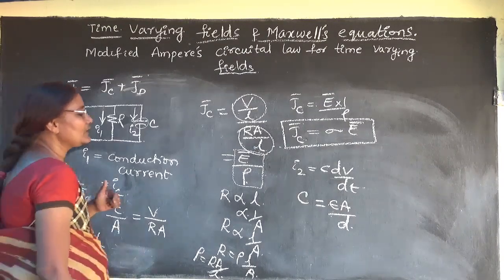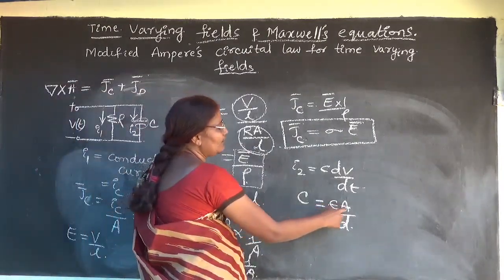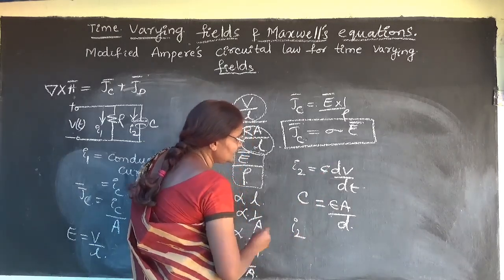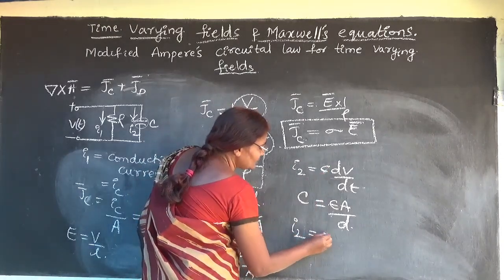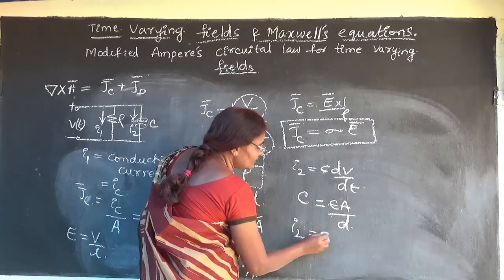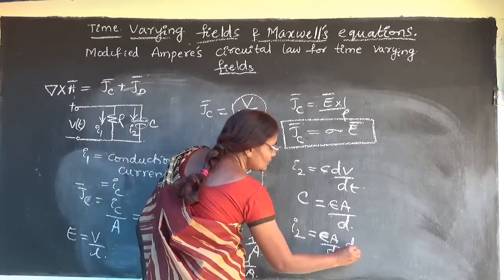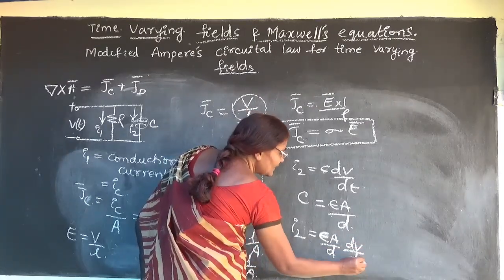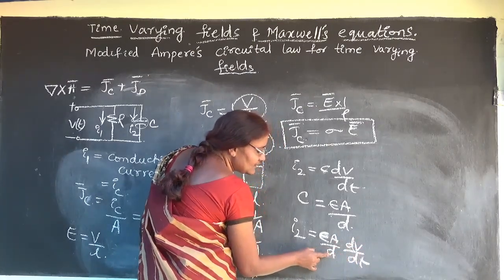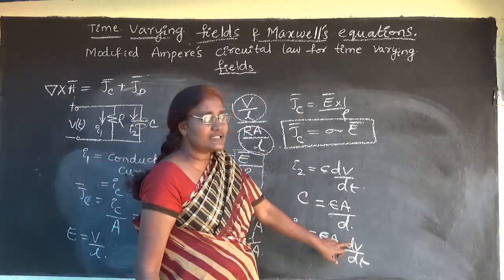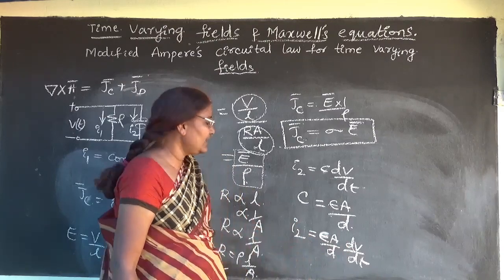So C is equal to epsilon A by d. If I substitute here, then I2 is equal to, instead of C, epsilon A by d into dV by dt. This d is different and this d is different. This d is the distance between the plates and this is the differential dV by dt.